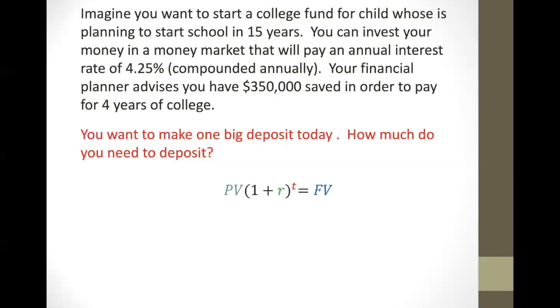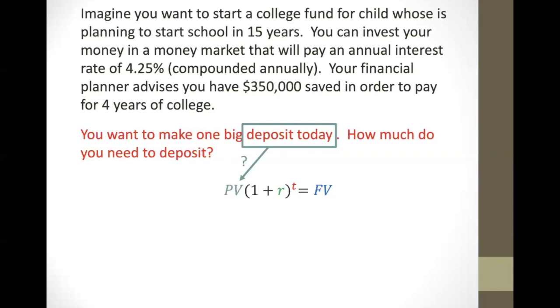So in this problem, we are given what we want to have in 15 years. So we know what the future value of this deposit should be. And what we want to find is the initial deposit today. So we want to figure out what is PV, the initial deposit that we should place into the account.